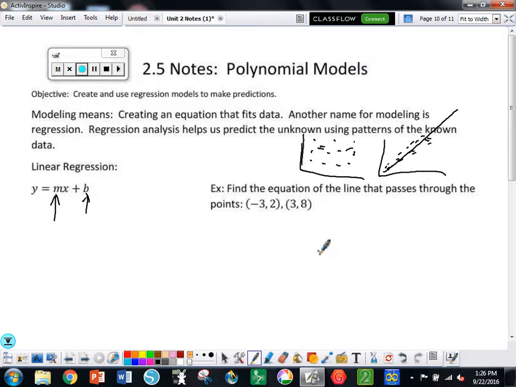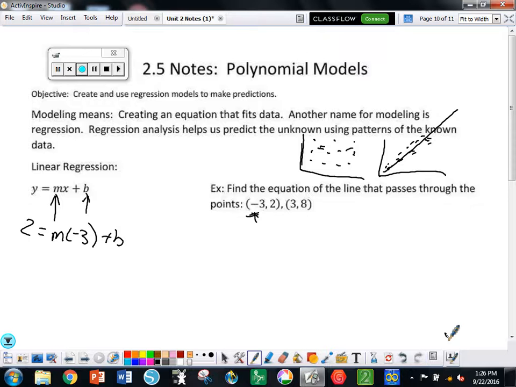So I'm going to plug in the -3 from here into the x. So I have m times -3 plus b. What should that equal? It should equal 2 because that was our y value. Everybody understand where that's at? Now I have another point, right?